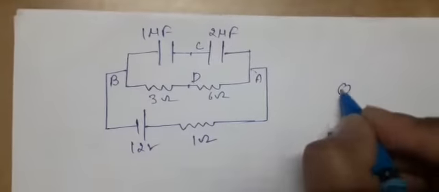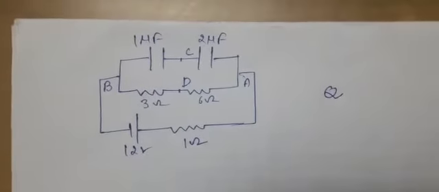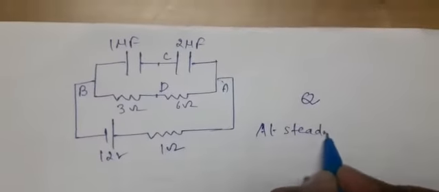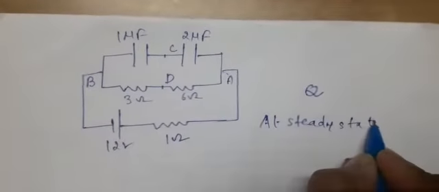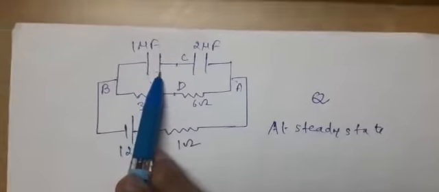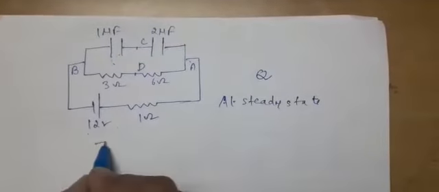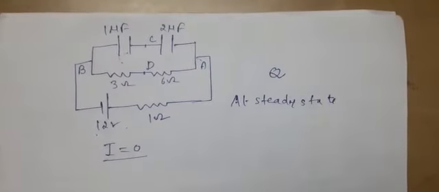Now here you can see the capacitors are connected in series and the charge for each of the capacitors will remain the same. At steady state, basically the charge on the capacitor is due to the terminal potential difference of the cell having EMF. So when steady state is reached, no current is flowing through the capacitor.